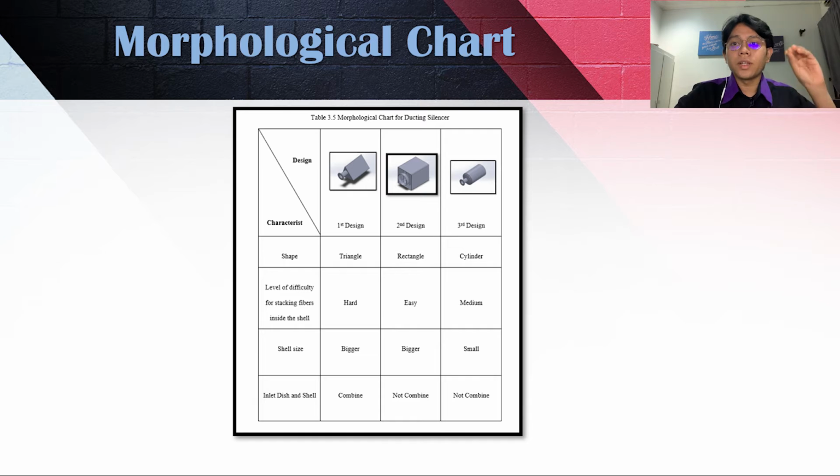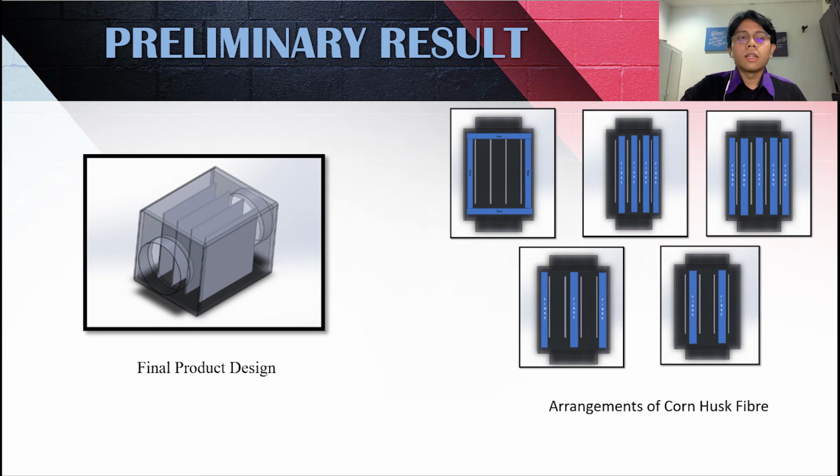The second design is a rectangular shape, with an easy level of difficulty, and also a bigger shell, and the inlet shell and outlet shell are not combined, so it can be opened. The third design is a cylinder, but the level of difficulty for stacking fiber inside the shell is medium, the shell size is small, and it is also not combined, so it can be opened. That is the morphological chart.